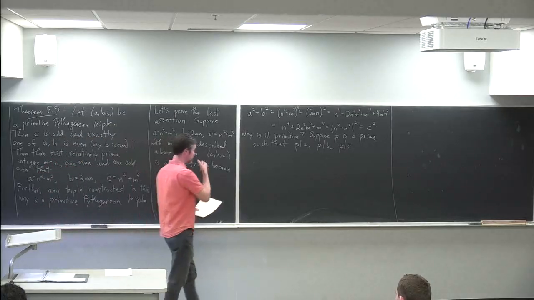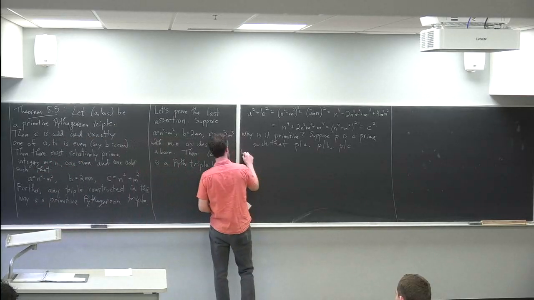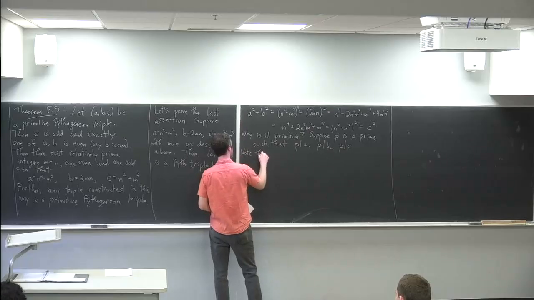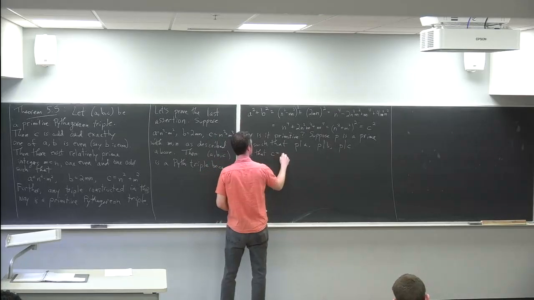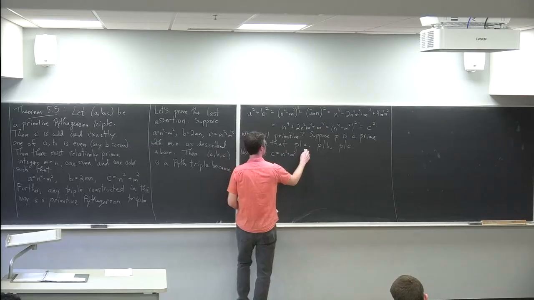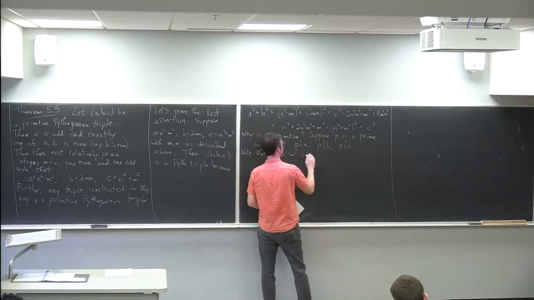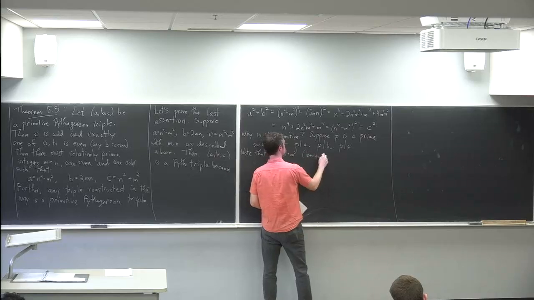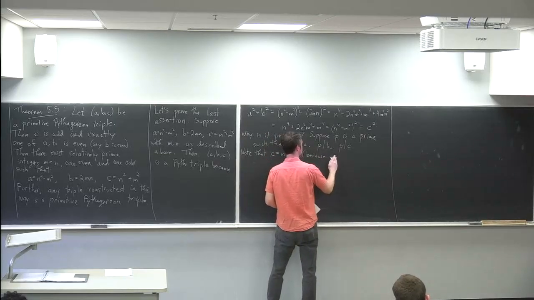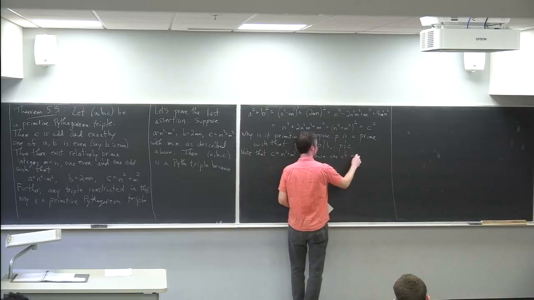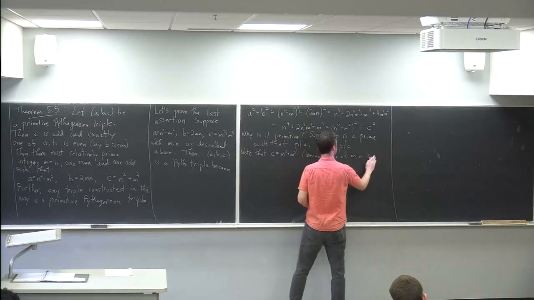So first of all, just note that C is odd. This is because one of m and n is even, the other's odd.